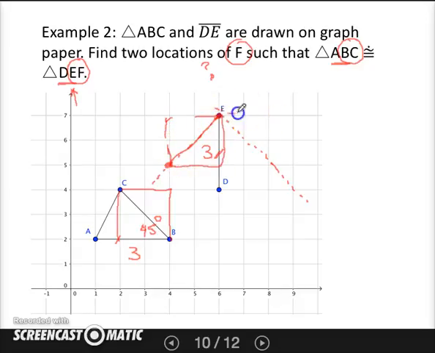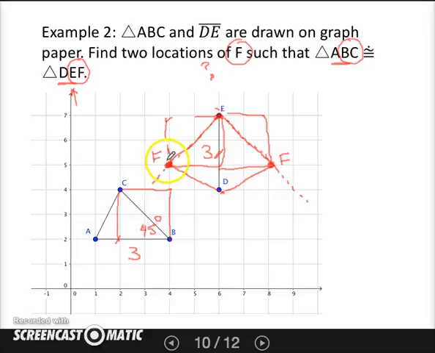If I'm going this way, I would have to make this diagonal. And then finally, I would have to join the final side of the triangle. So it looks like I've made 2 possible triangles where point F could be in 2 different places and still have the statement be true that triangle ABC is congruent to triangle DEF.